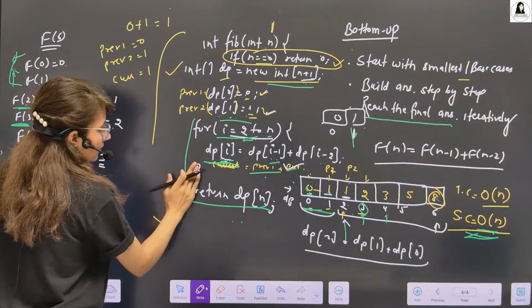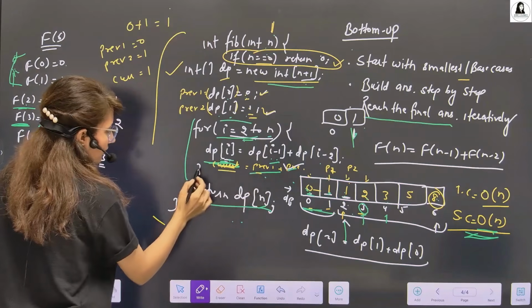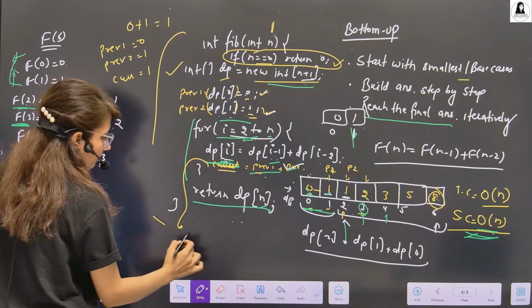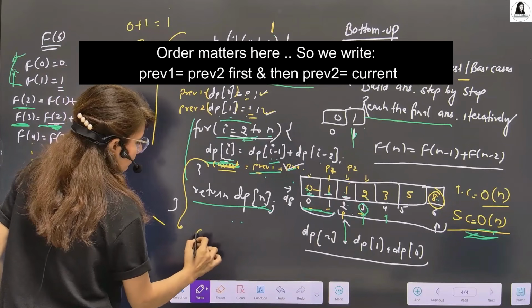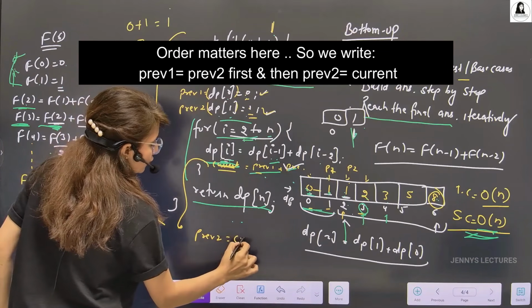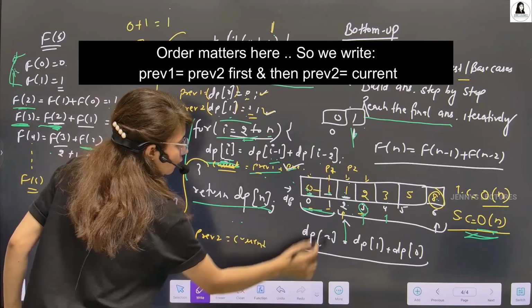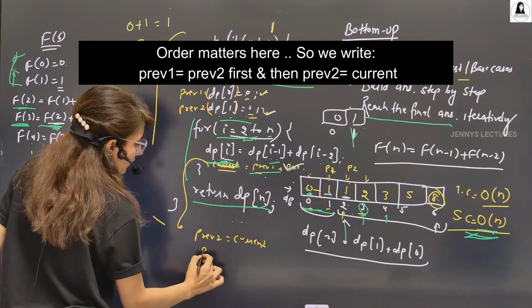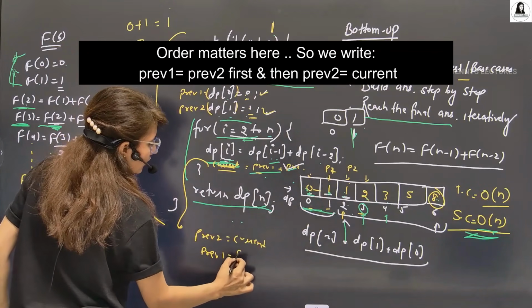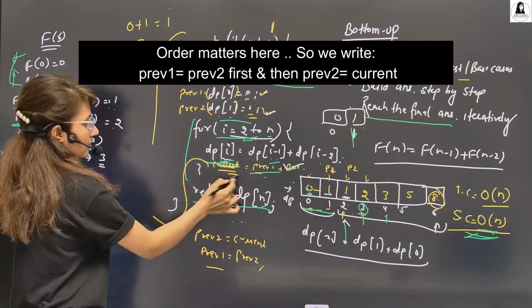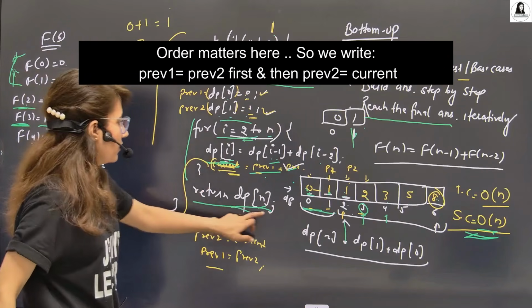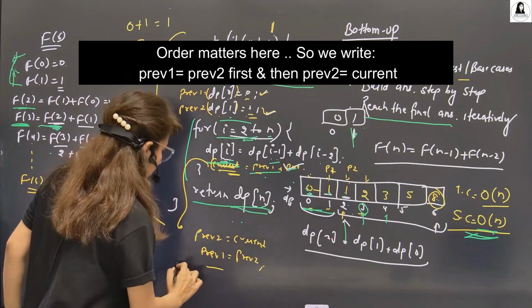I will change previous 2 is equal to current, whatever the current was becomes my previous 2. And previous 1 is equal to previous 2. These 3 steps you need to write, and at last just simply return.